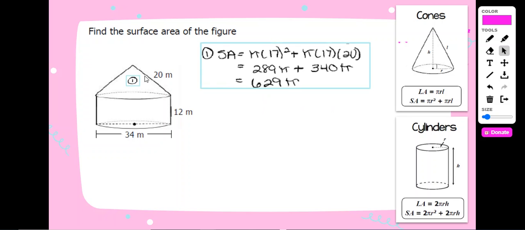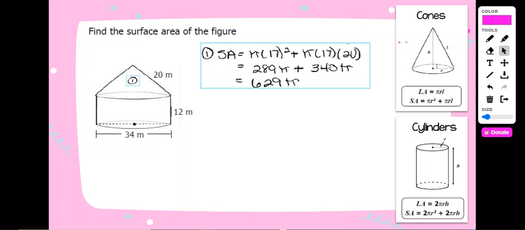So first thing I'm going to want to do is find the surface area of this cone. Easy peasy. We know that the diameter of the base at the bottom is 34, and since the cone is sitting on top of it, its great circle would be congruent to the bottom cylinder great circle. So its diameter is 34, a radius of 17, and the slant height was given to us as 20.